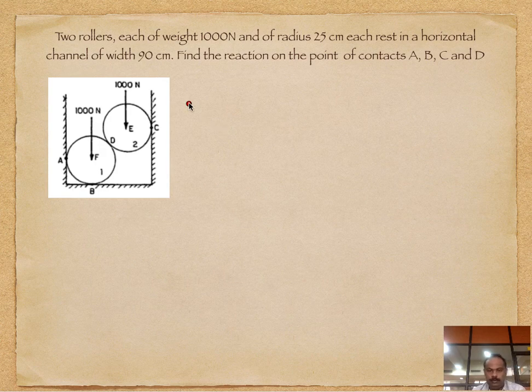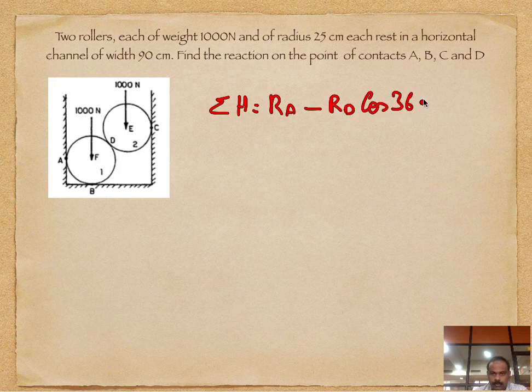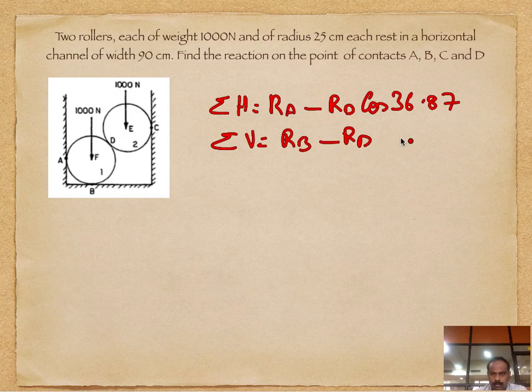For the first roller, sigma h is equal to RA minus RD cos 36.87. Sigma v is equal to RB minus RD sin 36.87 minus 1000.